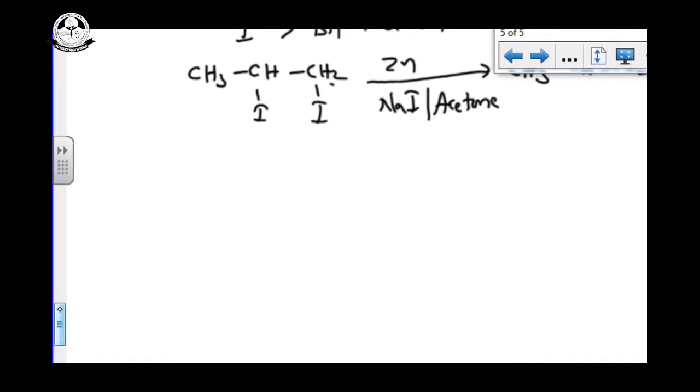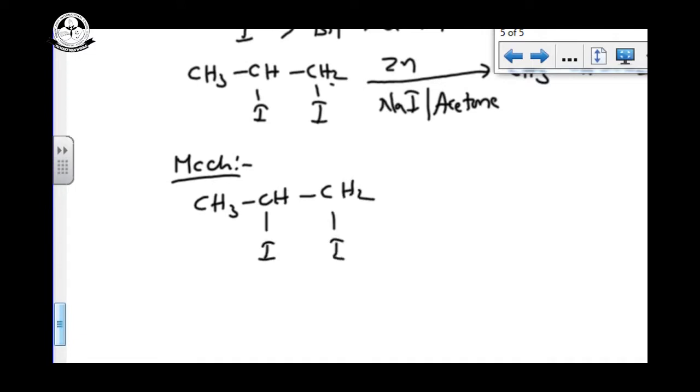Mechanism for this reaction. For example, I am taking CH3-CH-CH2 with iodine on both carbons.